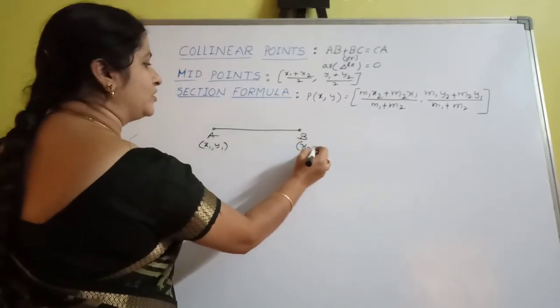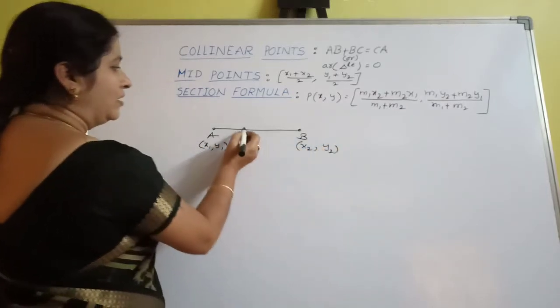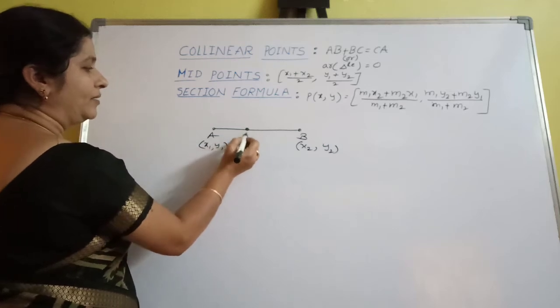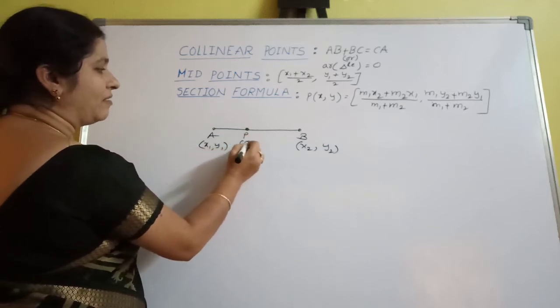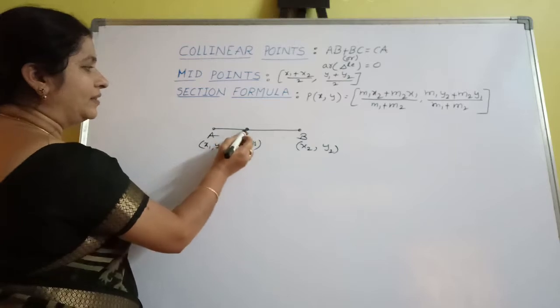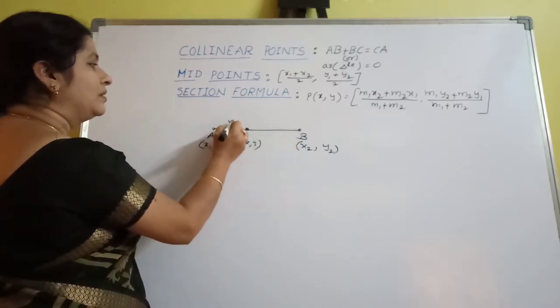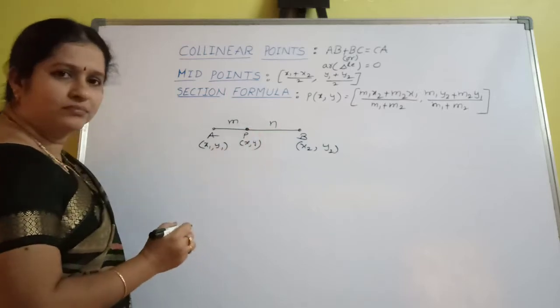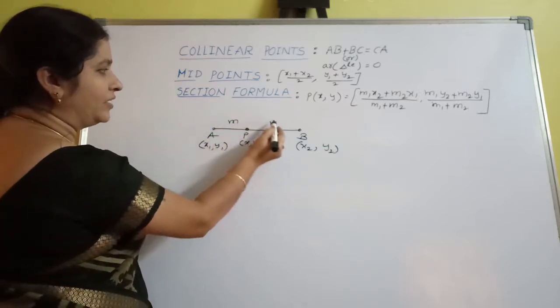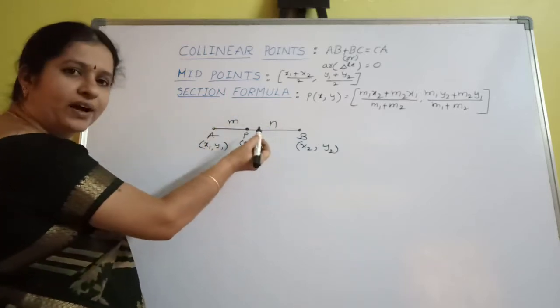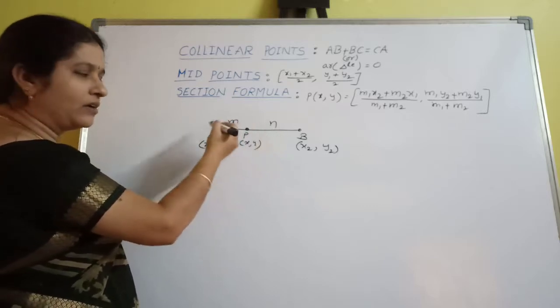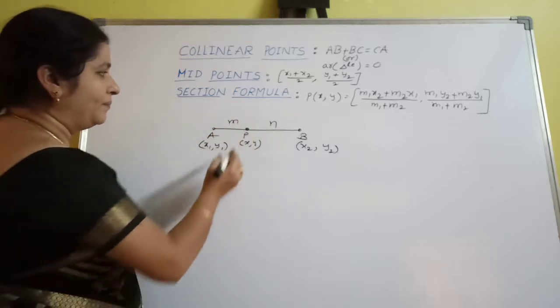Second coordinate x2, y2. Here we are taking a point P, suppose (x, y). Here the point P divides the line segment into some m:n ratio. We can't know the ratio if it is 4:5 or 3:4 or 1:2 maybe.